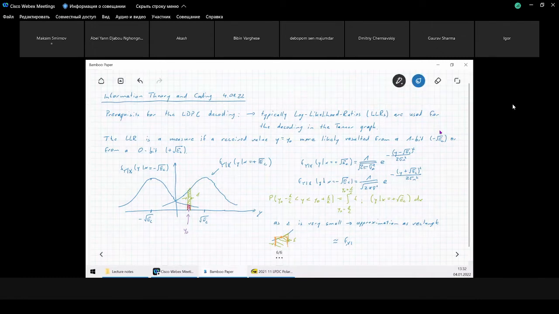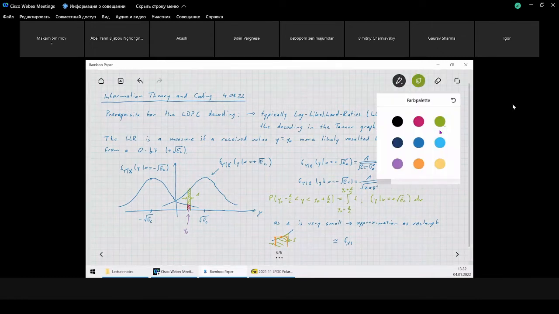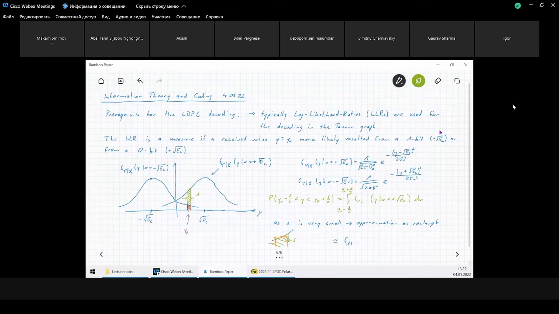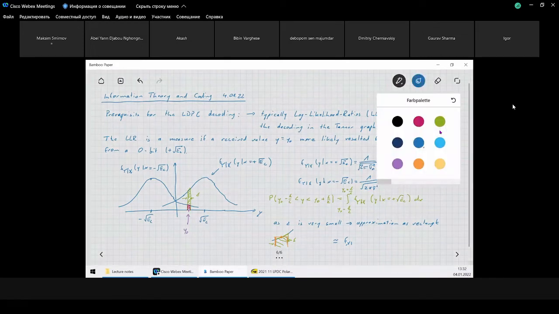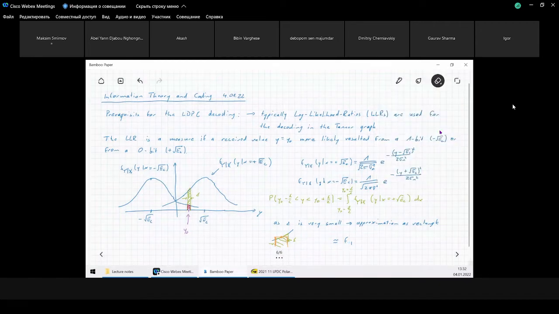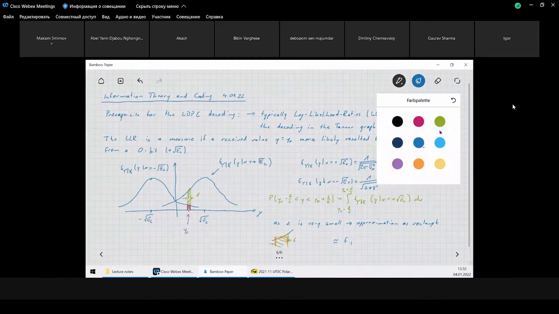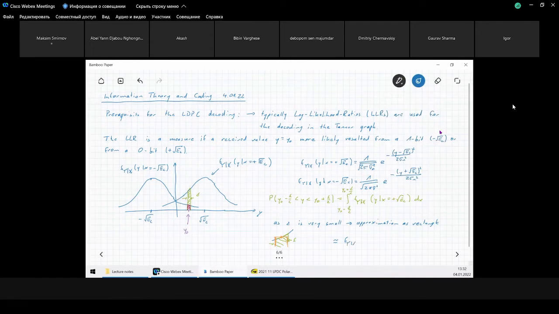We are always talking about the conditional distributions at the receiver, given we know a transmitted value. So also down here, we talk about fy given x of y given x equal to plus square root EC times epsilon.